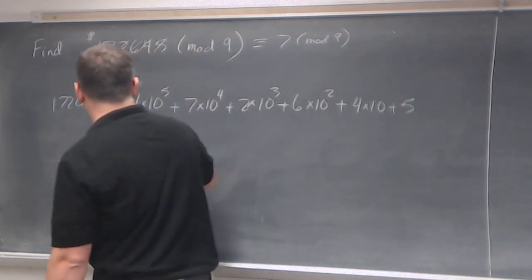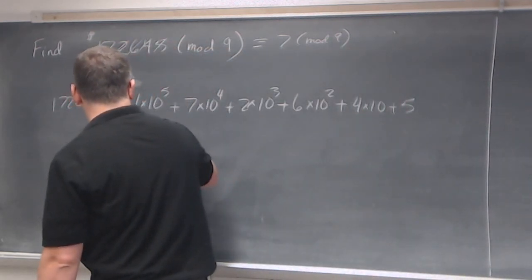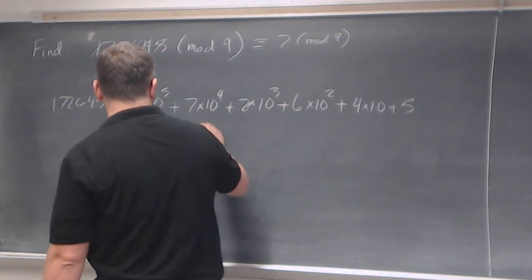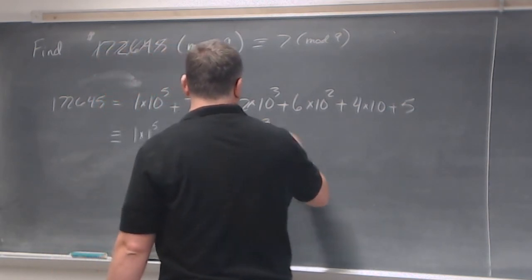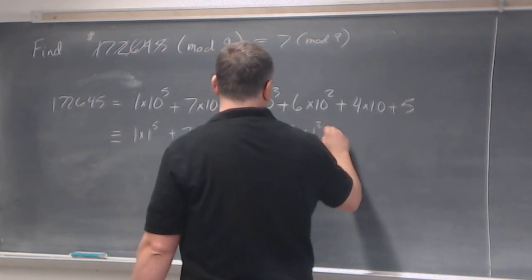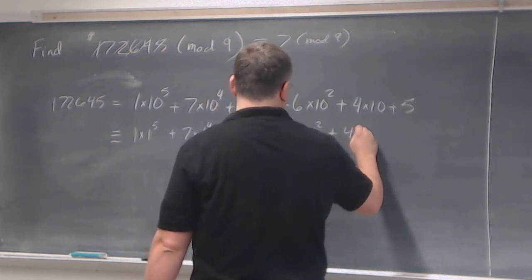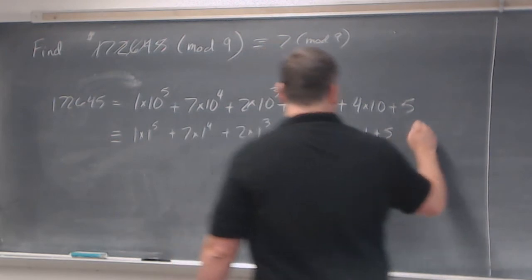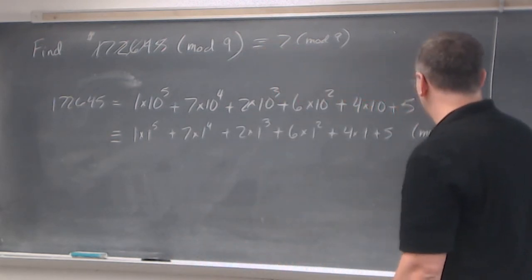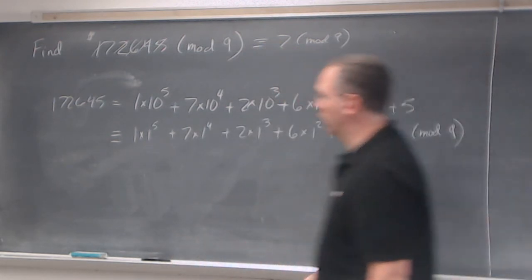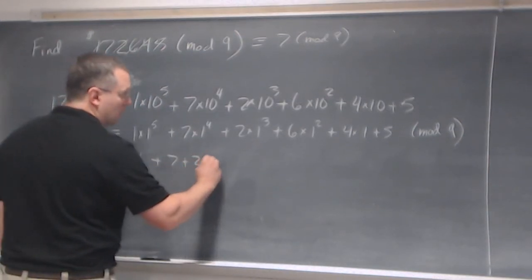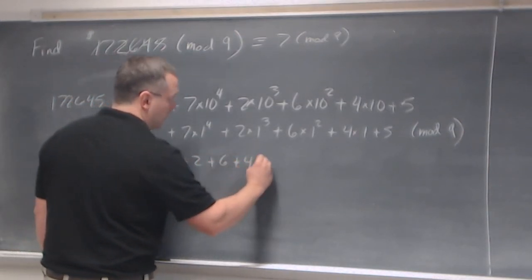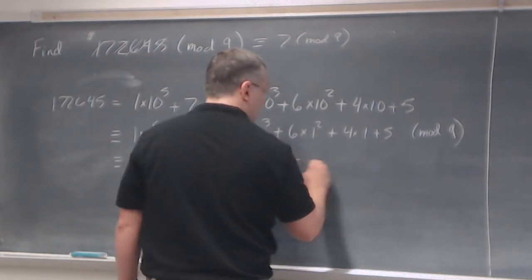So this just equals 1 times 1 to the 5th plus 7 times 1 to the 4th plus 2 times 1 to the 3rd plus 6 times 1 squared plus 4 times 1 plus 5 mod 9. And so equivalently, that's just 1 plus 7 plus 2 plus 6 plus 4 plus 5 mod 9.